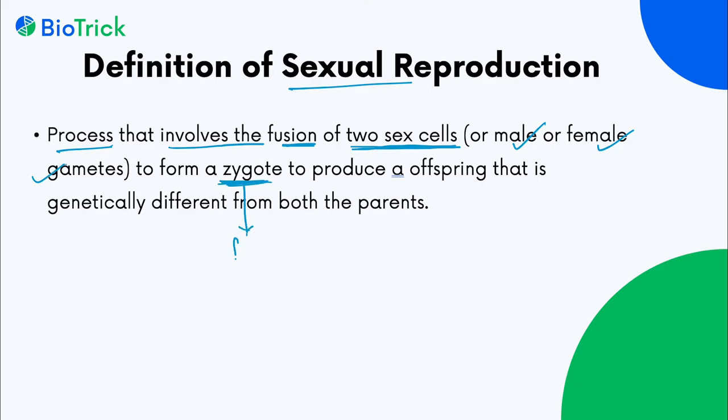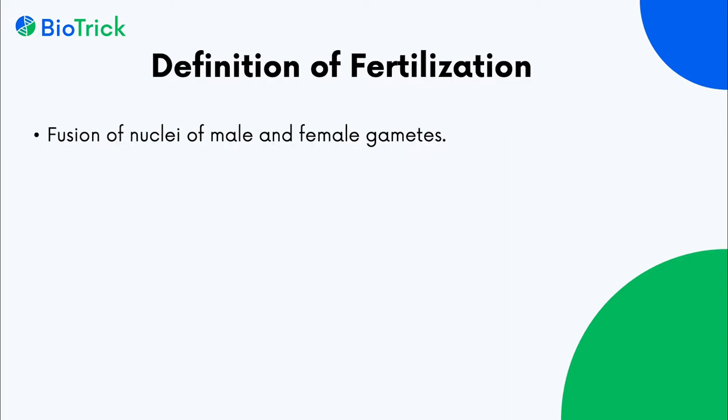And zygote is formed by the process of fertilization to produce an offspring that is genetically different from both the parents. So what is the definition of fertilization? We can write, fertilization is the fusion of nuclei of male and female gamete.